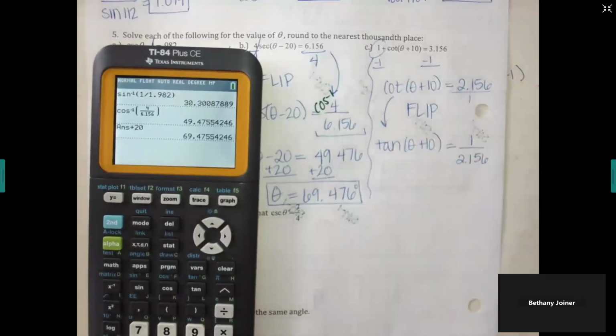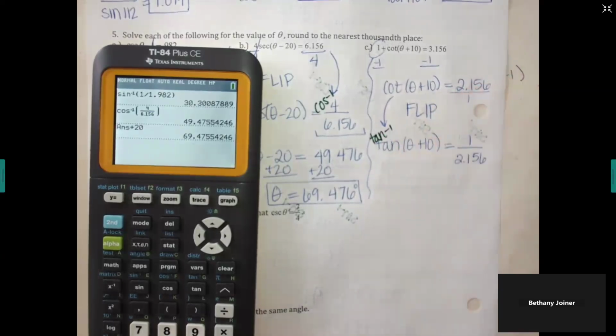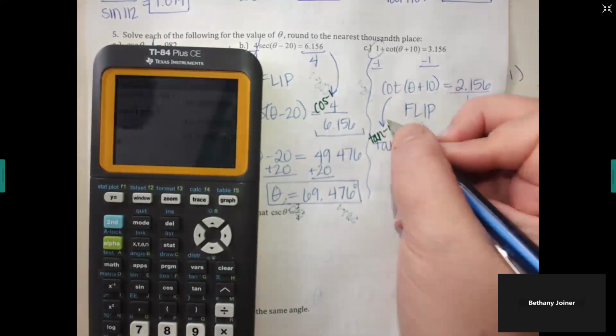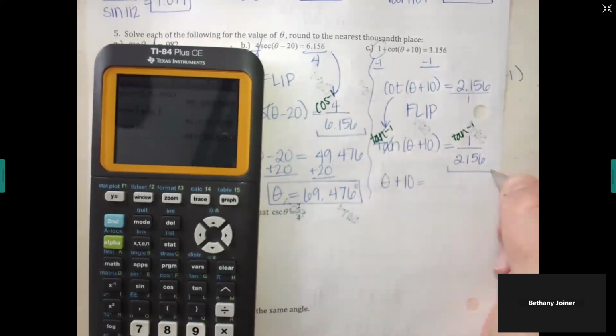From here, how do we cross out tan? Inverse tan or second tan or tan -1, okay, all those are the same. So inverse tan on both sides, that'll cross out the tan part. So theta plus 10 equals, and then we're putting that into the calculator.